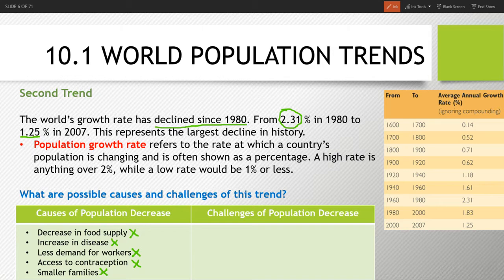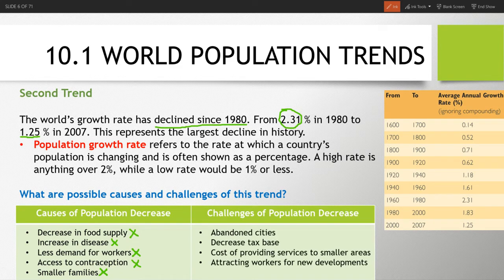It's more common maybe for two parents to have three, two, even one child, sometimes no children at all. And that's quite a contrast from the past, where, as we said before, it was common to have 5, 6, 7, 8 children per family.